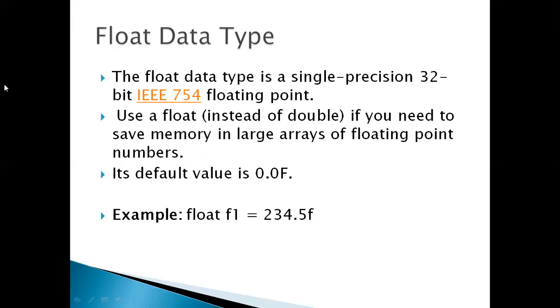Otherwise, we opt for double that we will discuss next. The default value here is 0.0. An example is float f1 equal to 234.5f. So here f1 is the variable name and the data type is float.